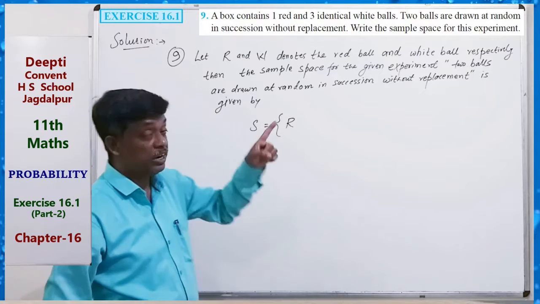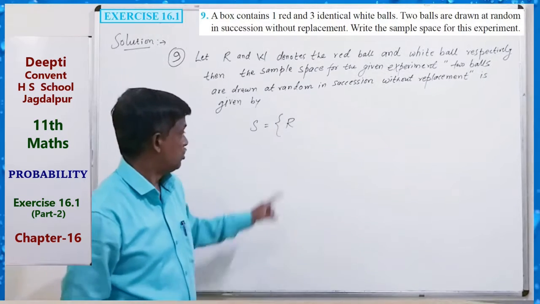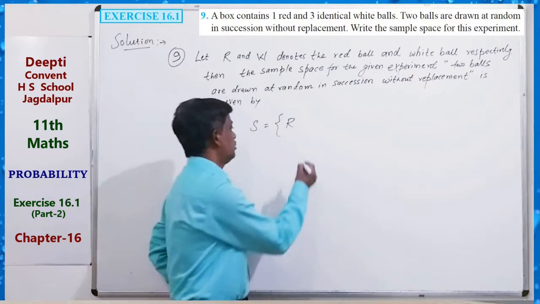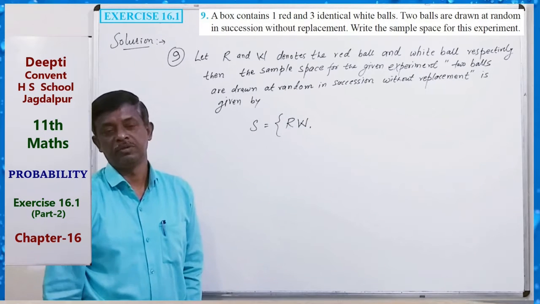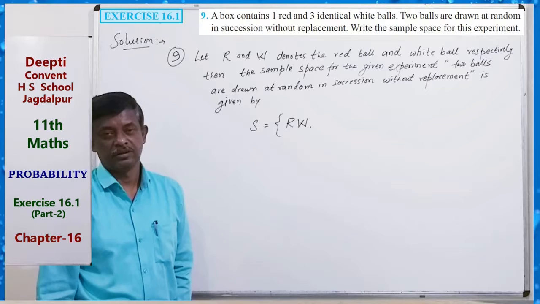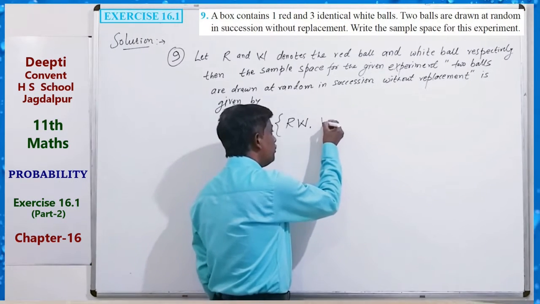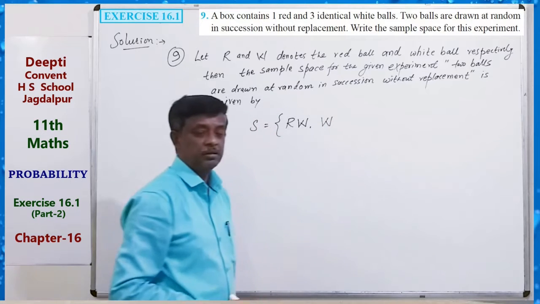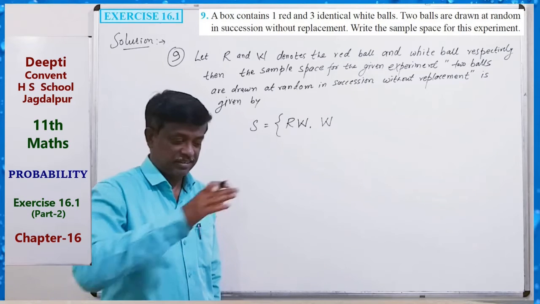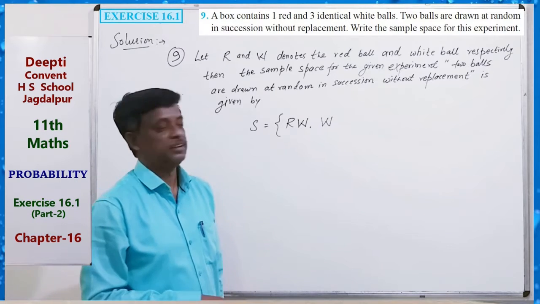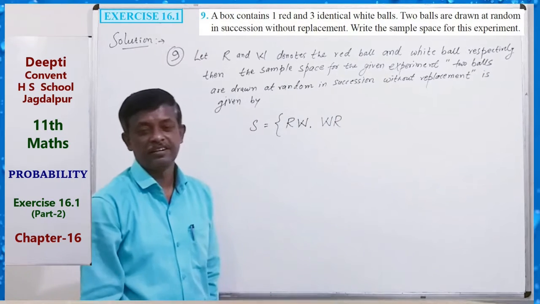Because there is 1 red ball and 3 white balls. So if 1 red is selected, then the other ball may be white. And if a white ball is selected first, then the second time we may get the red ball.